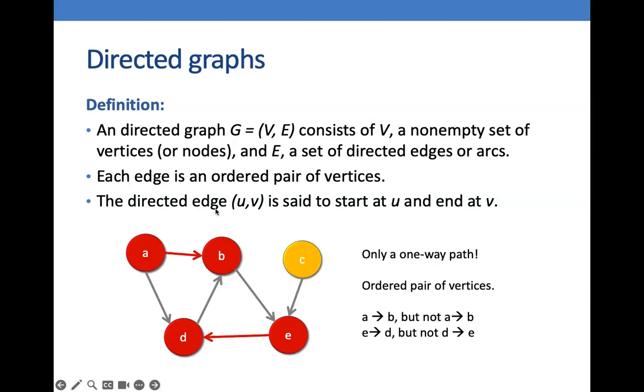A directed edge U to V is said to start at U and end at V. So in these examples, we start at A and end at B, and start at E and end at D. Can you figure out the rest of the edges in this graph? You can do it on your own.